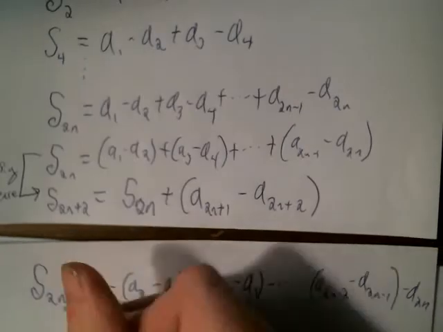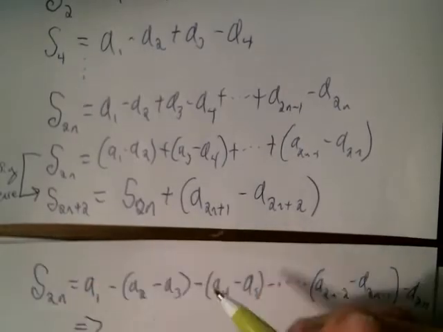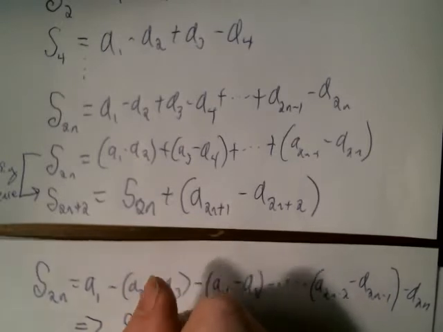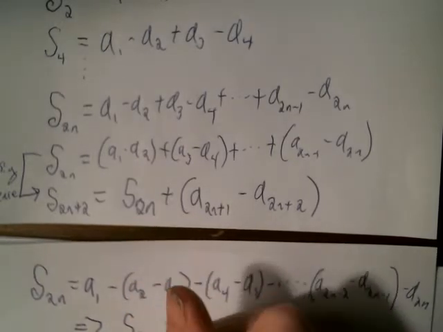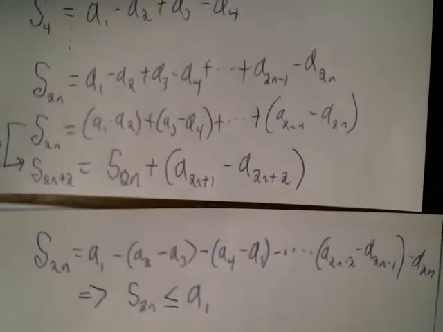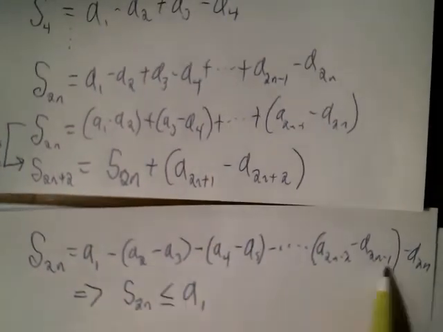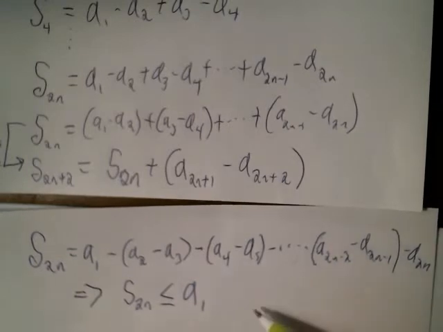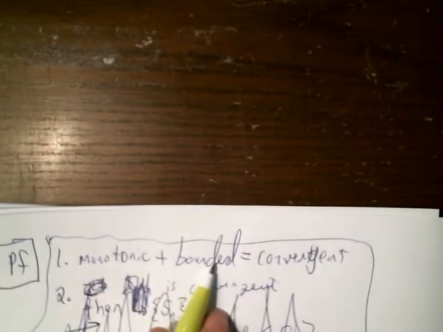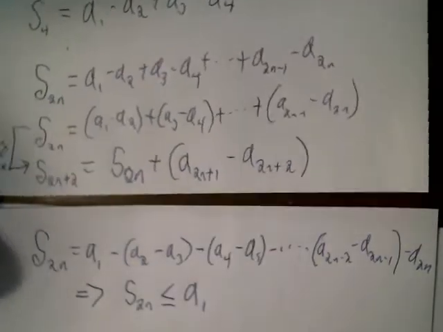So this part tells me that our sequence s sub 2n is bounded above by a sub 1, okay? Because we're always taking stuff away from a sub 1 to get to our next term. So I've shown then that it's monotonic and it's bounded, and that implies it's convergent.